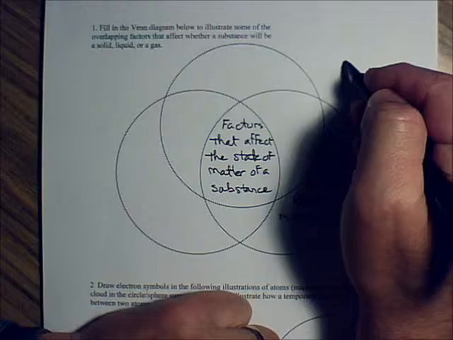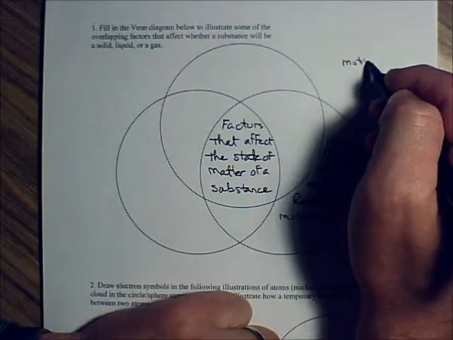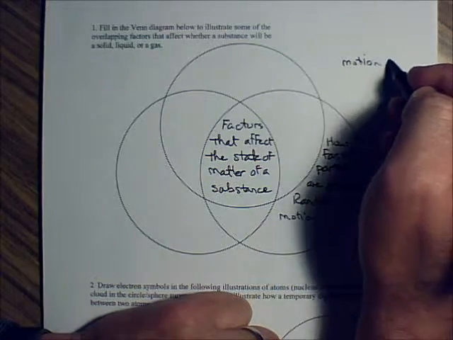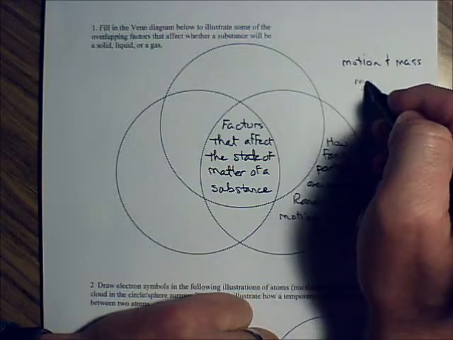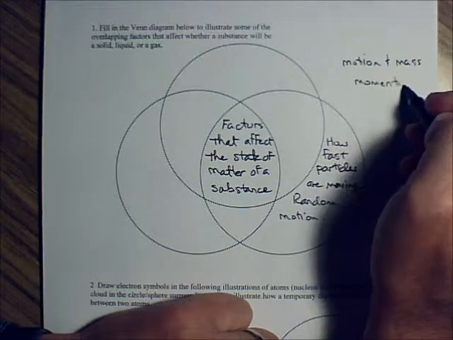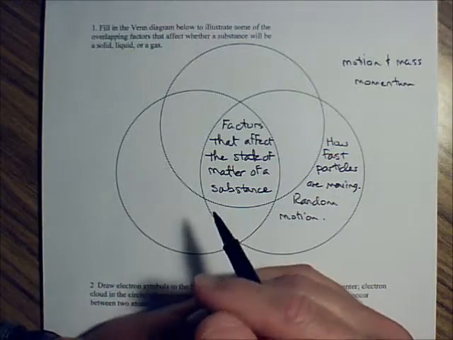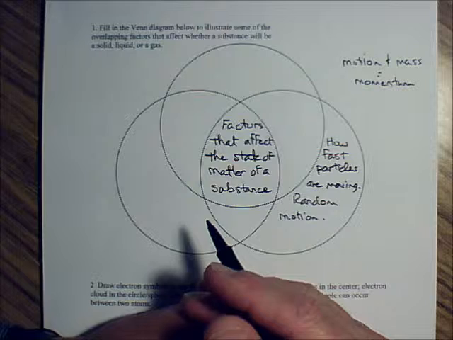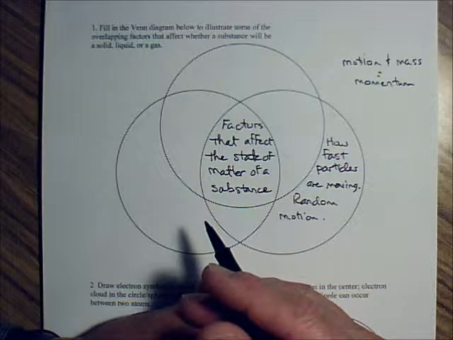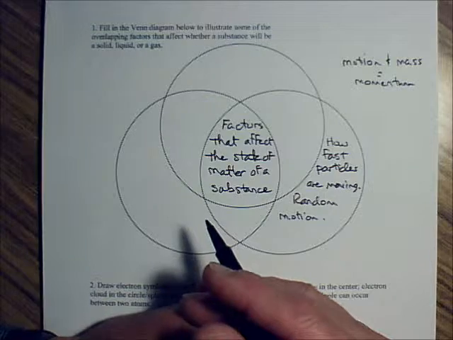If you put motion and mass together, you get something called momentum. So sometimes you'll hear me say that temperature is a relative comparison of the random momentum of particles, because it means the same thing.